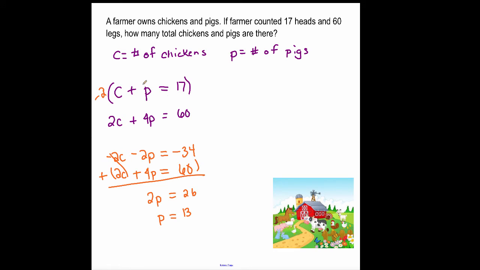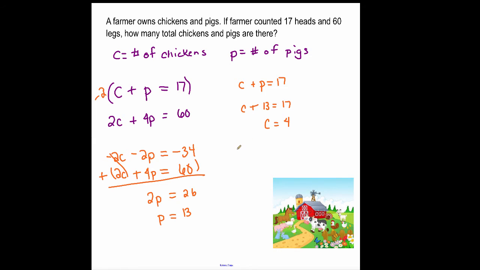In order to figure out how many chickens there are, I need to plug P back into one of my original equations. I'm going to choose the first one just because that one seems easy to plug into. C plus P is equal to 17. If I plug in 13 for P, I need to solve for C by subtracting 13 from both sides. Then I find that C is 4.